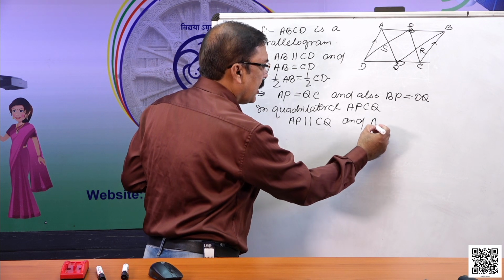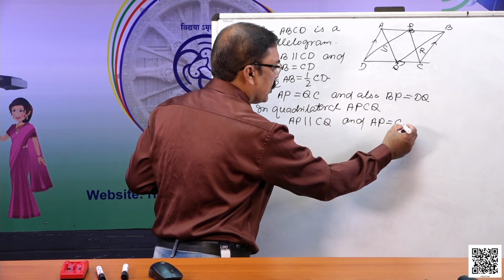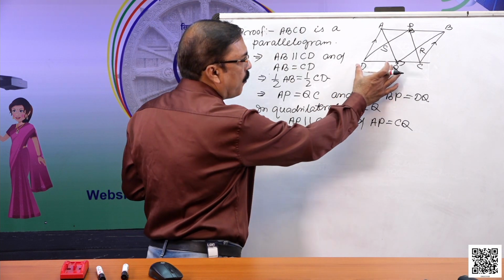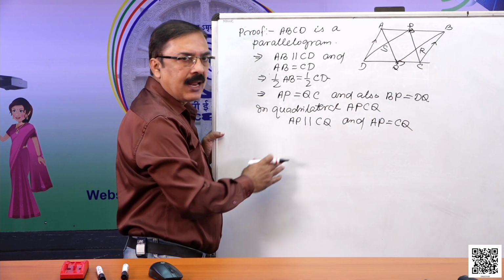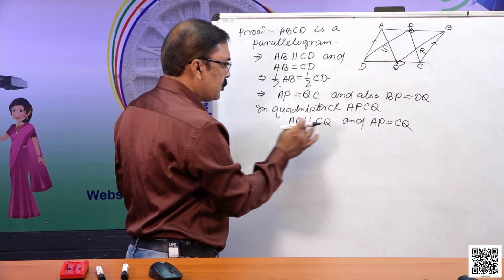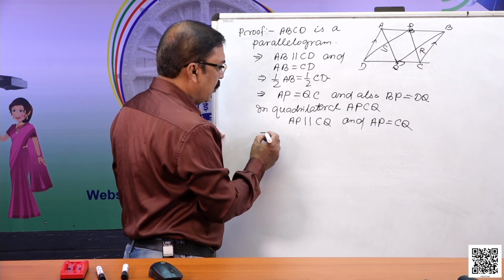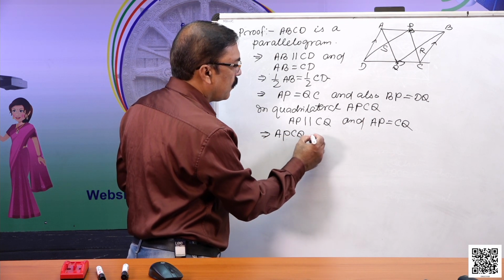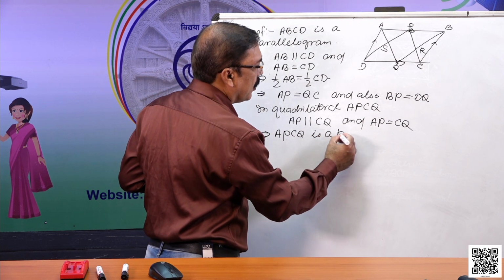So I can write AP is equal to CQ. As the opposite sides of the quadrilateral are parallel and equal, that quadrilateral is a parallelogram. So we can write that APCQ is a parallelogram.